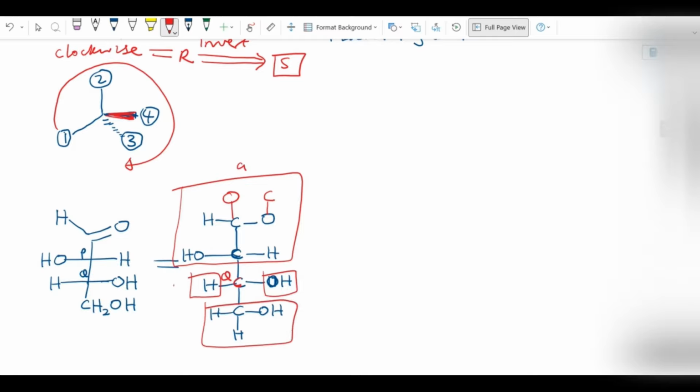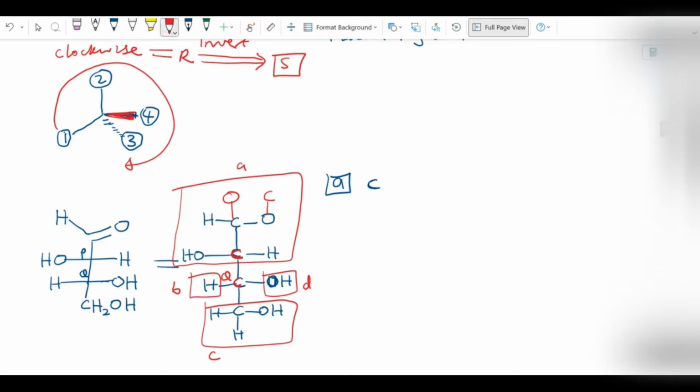So let's label this as A. Let's make this B, C, and D. So I'll go ahead and list the atoms in each of those groups, starting with the first atom. So for group A, the first atom in group A that is directly connected to the chiral carbon Q is carbon, is C.